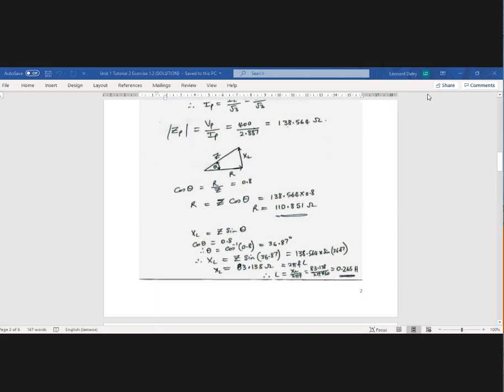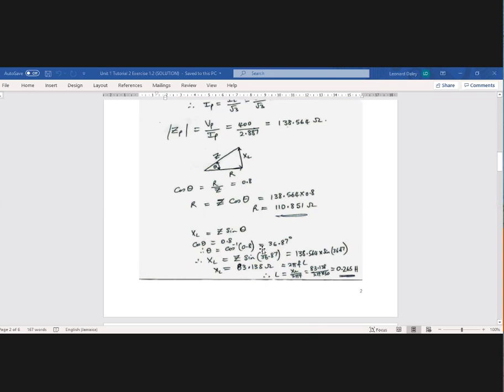How you are doing it is okay. Nothing wrong with what you have done, except that you somehow seem to have lost your way somewhere. But the procedure is all right. Now for XL, from this, sine theta is equal to XL over Z. So XL equals Z sine theta.